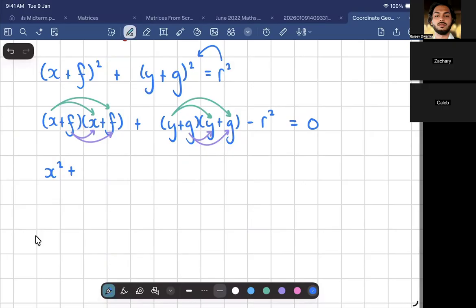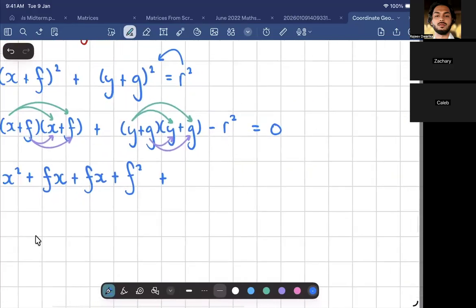Would you write x5? That's not the proper way to write it. Think about how we always write 5x, 2x, 6x. So we have fx, and then f by x again, so that is fx. And lastly, we have what? x squared. Great.